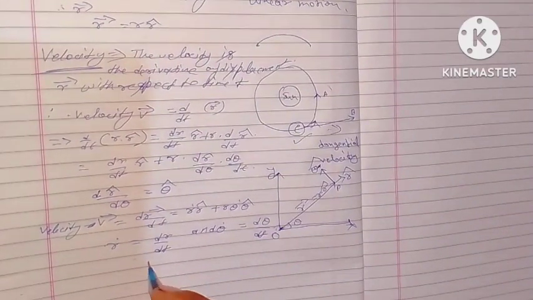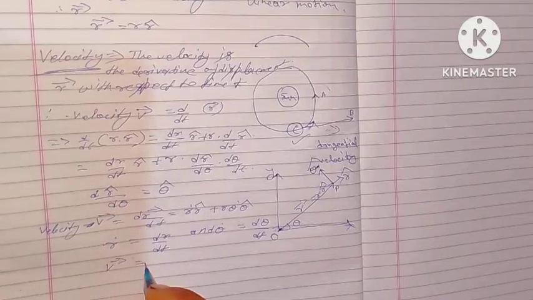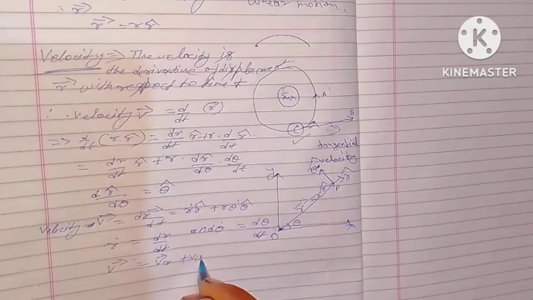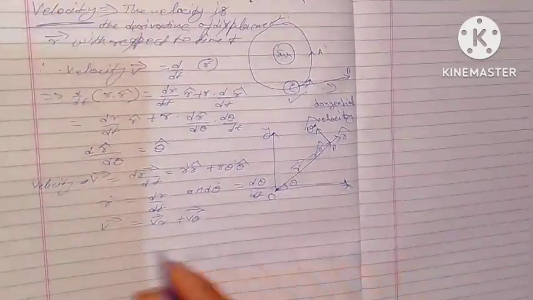Then the velocity vector v equals vector Vr plus vector V theta. Components of velocity.